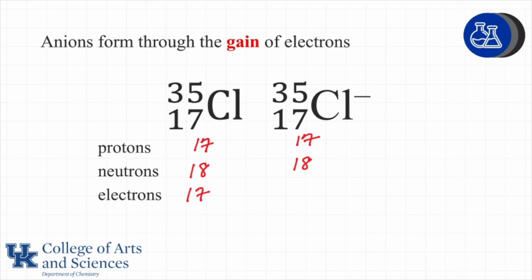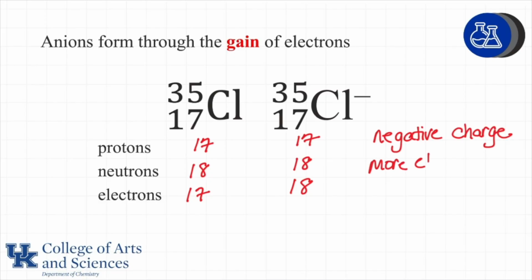For electrons, in the neutral species, the number of protons equals the number of electrons. For the chloride ion, we have to gain electrons, and we're going to gain 1 electron to get to the -1 charge. So we're going to have 18 electrons. Negatively charged, therefore we have to have more electrons than protons.